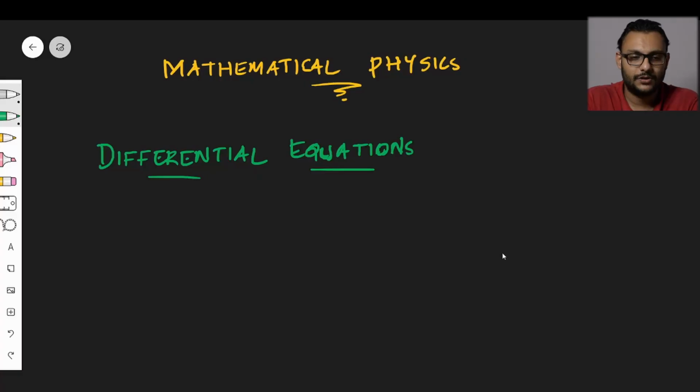Basically, differential equations are very useful while solving mathematical problems involving physics. For example, if we discuss Newton's laws, we are very familiar with Newton's three laws of motion. Of these, the second law involves the physical interpretation of force, or even the mathematical expression of force in terms of a differential equation.